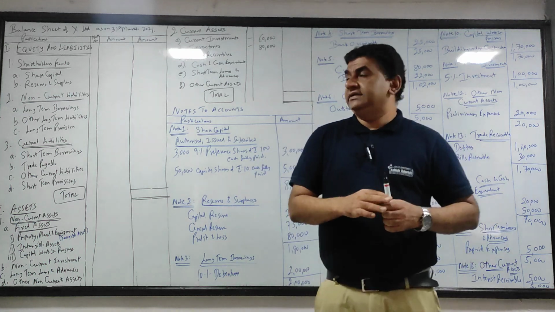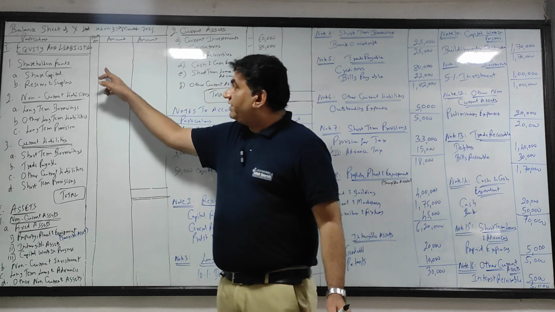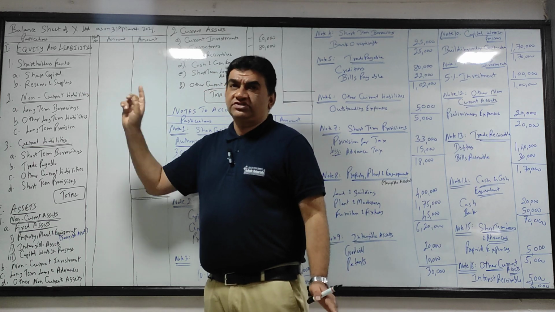Now listen. Why have we written the number of notes to accounts, and why have we made a small column of notes to accounts?